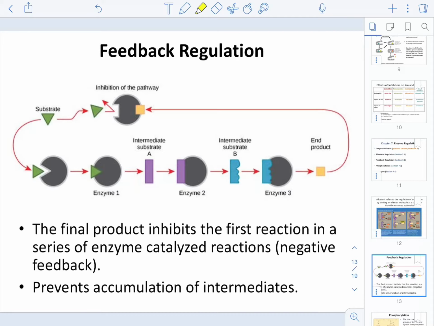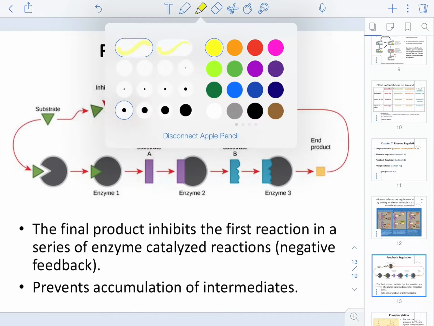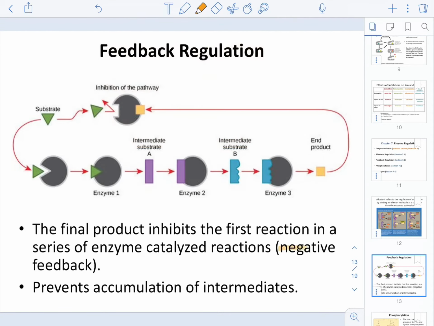The main idea of feedback regulation, which is also known as negative feedback regulation, is that the final product produced in an enzymatic reaction is going to go back and inhibit the first few steps in the series of catalytic events that have to happen for its production. The reason why feedback regulation is very useful is because it prevents the accumulation of intermediates in a pathway.